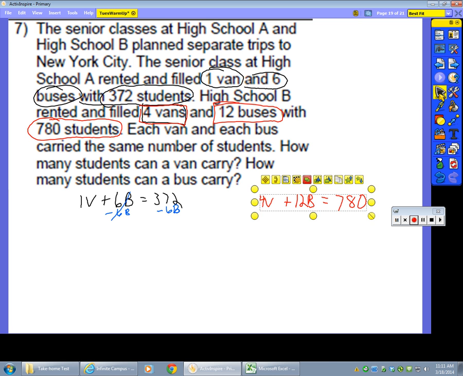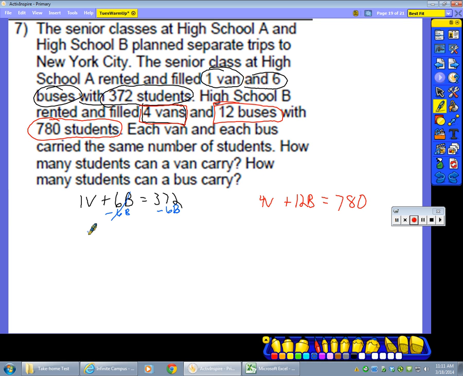What I'm trying to do here is get a variable by itself. So now I know that a van equals negative 6 buses plus 372. I'm going to take that info and sub it in for v.